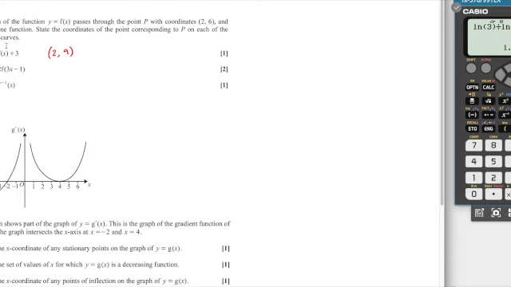The next one, what are we going to do? Now, the order matters on transformation of graphs when I've got multiple transformations.